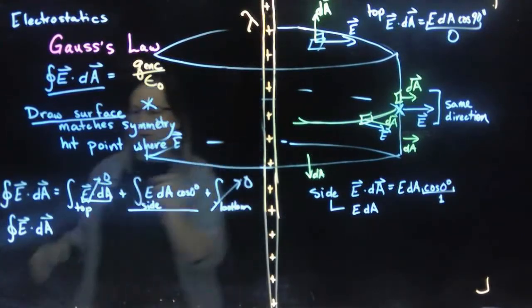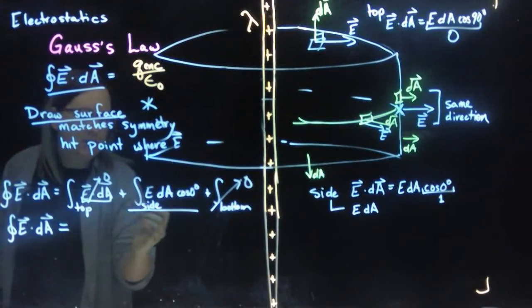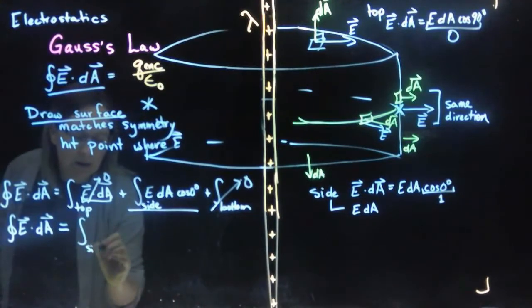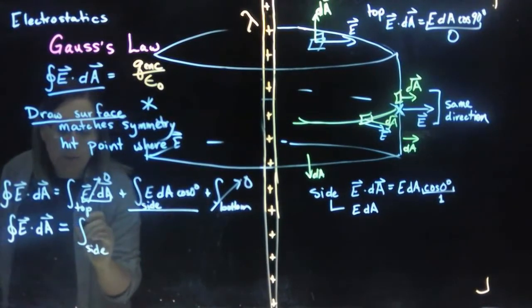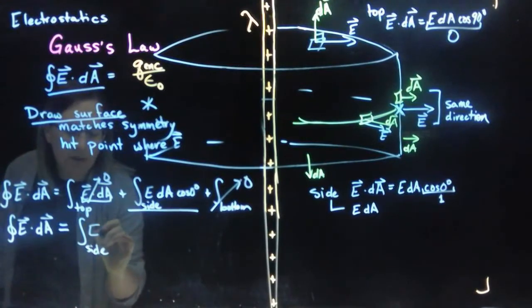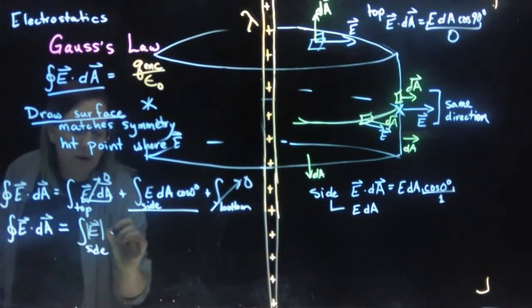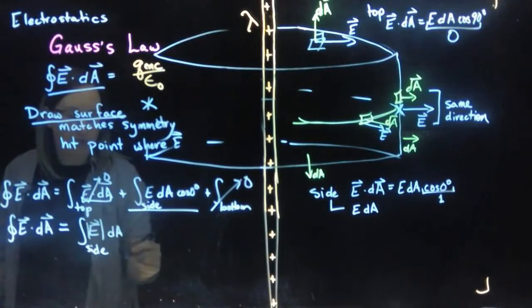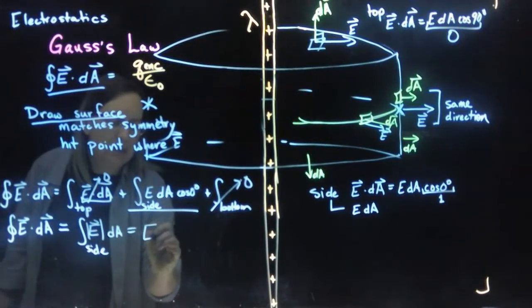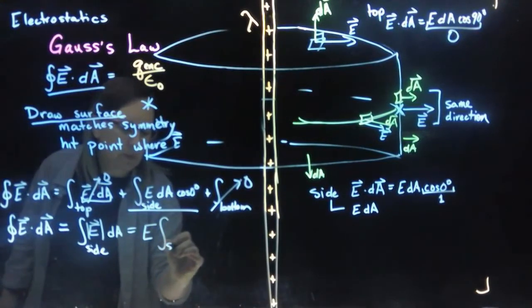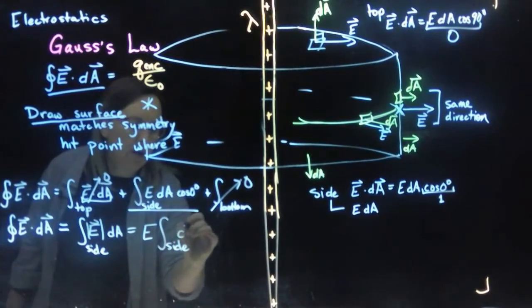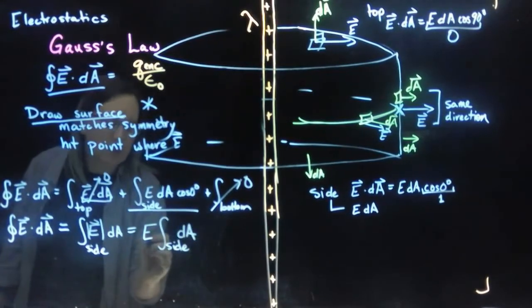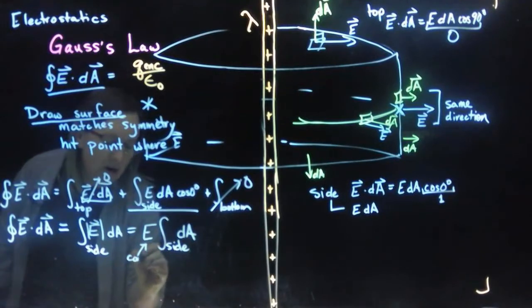And so this becomes E of the side, because it's a constant, the magnitude of the electric field, times dA. So this has a constant value.